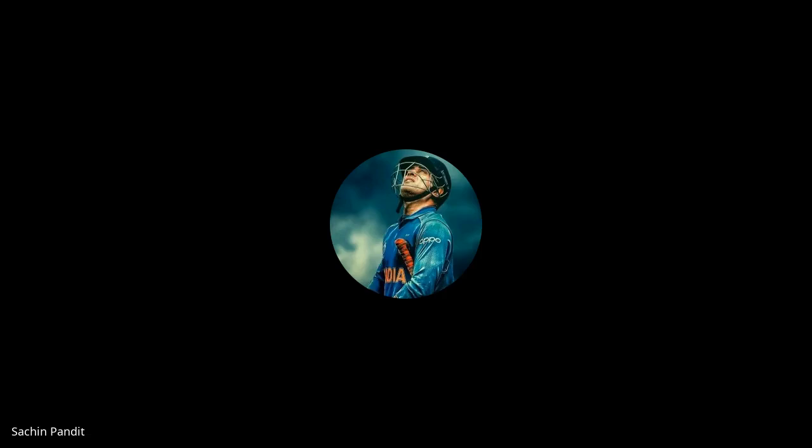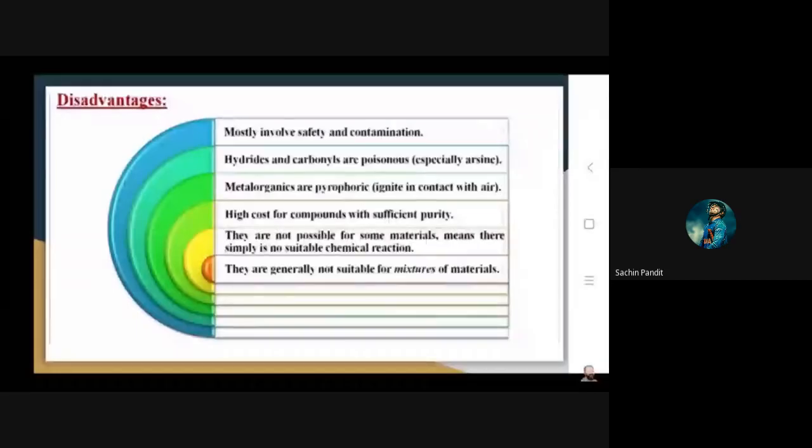It mostly involves safety and contamination. That is a big problem over there. It can contaminate with the source, it can contaminate the material, it can contaminate the equipment.